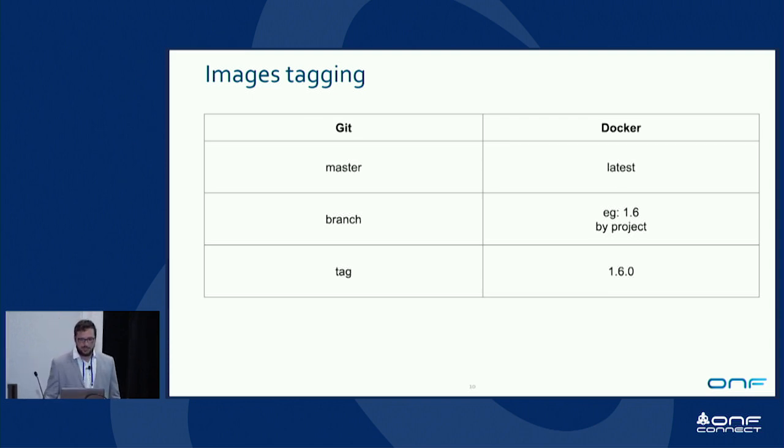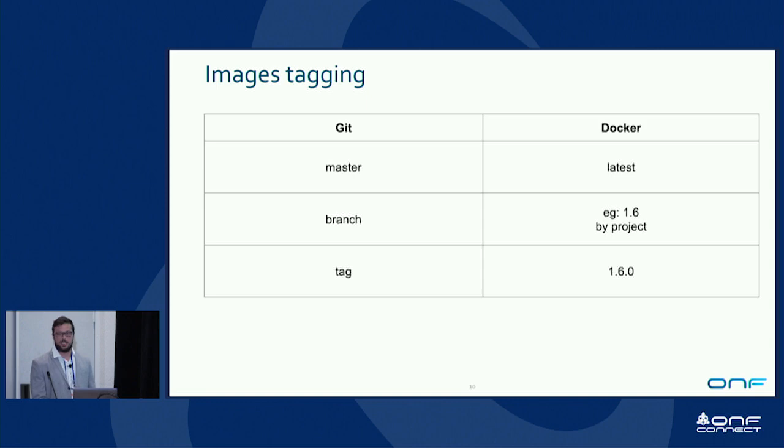Then we have tags that track a branch. These are other moving targets. They are generally two versions composed by two numbers, major and minor. And then we finally have releases. They are generally bound to tags in Git.